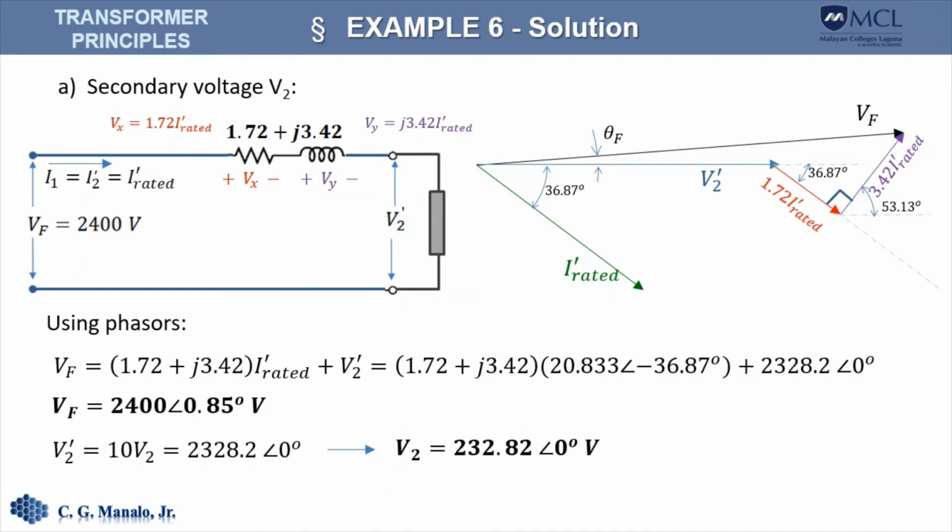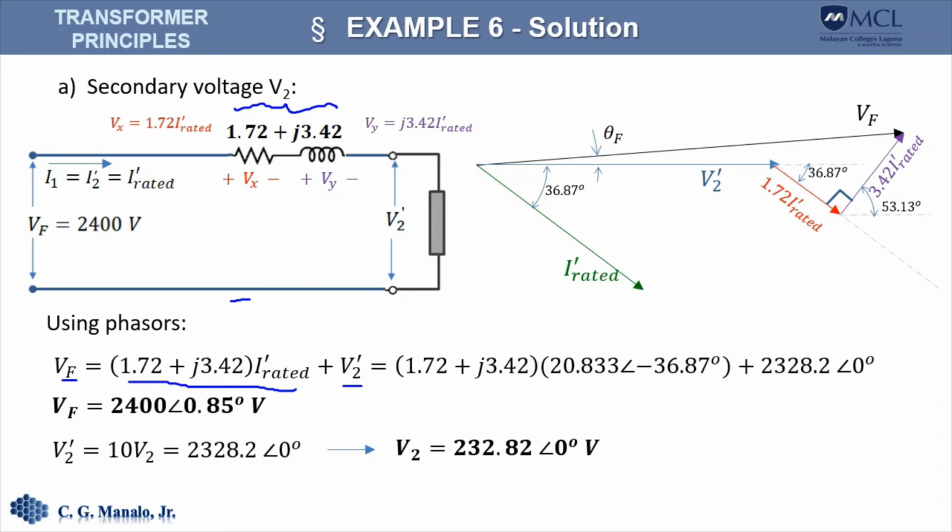Now that we know the phasor V sub 2 prime, we can rewrite the phasor equation or the KVL equation for this circuit. So V sub f, the phasor V sub f, must equal the drop in this impedance plus V sub 2 prime.